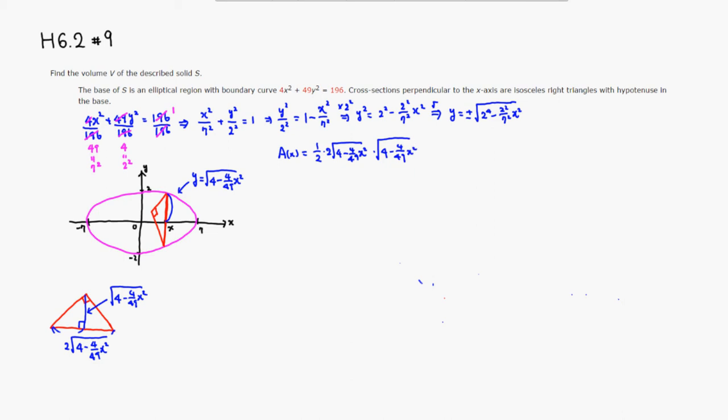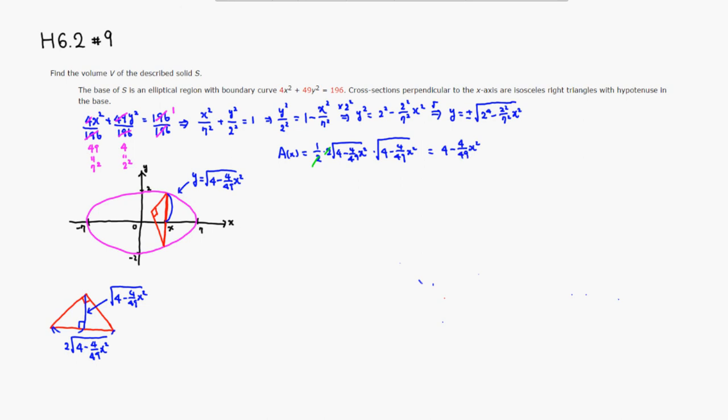We can cancel the 2 on top and the 2 on the bottom, and get rid of the square root. So this is going to be 4 minus 4 over 49 x squared.